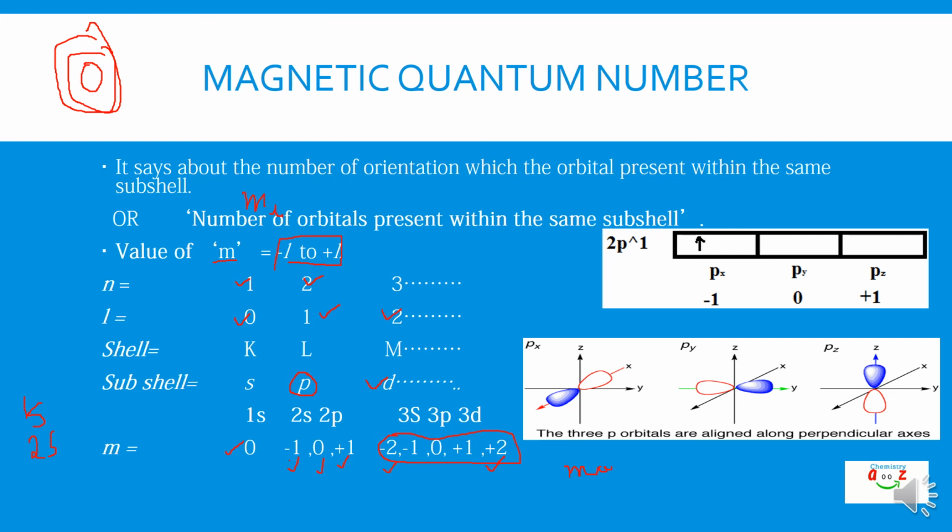As I said, an orbital accommodates not more than 2 electrons. So यहाँ इसके पास में 5 सब ऑर्बिटल्स है तो इसीलिए मैक्सिमम D के अंदर 10 इलेक्ट्रॉन अकोमोडेट हो सकते हैं. 10 इलेक्ट्रॉन.